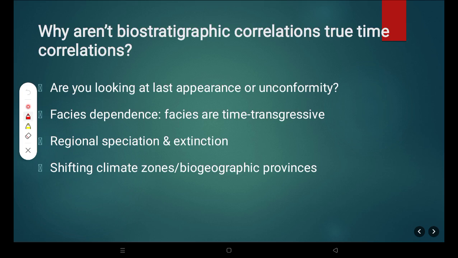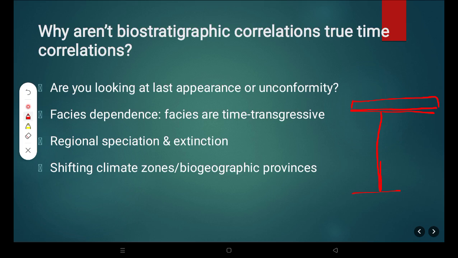Suppose we are getting one species from here, and it continues. Suddenly there is no appearance. Is this truly the end of this species, or is this a period of non-deposition or erosion representing an unconformity?